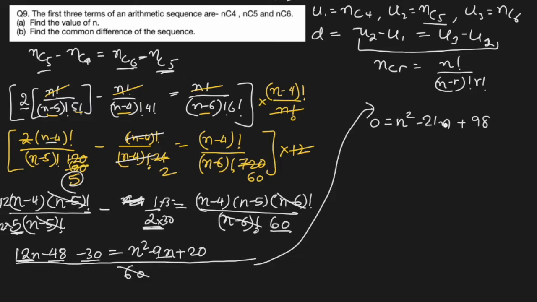Now we have to factor this particular quadratic equation, and we'll get our answer. So 78, 14 and 7. So 0 equals n squared minus 14n minus 7n plus 98, n minus 14, n minus 7.